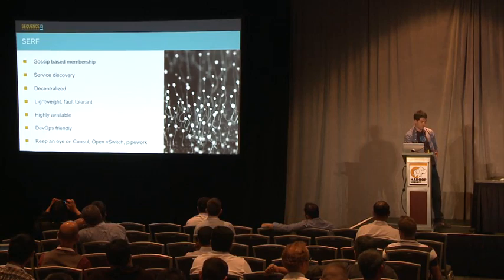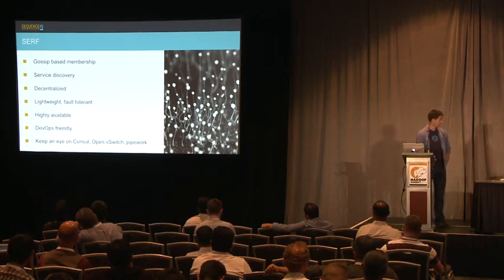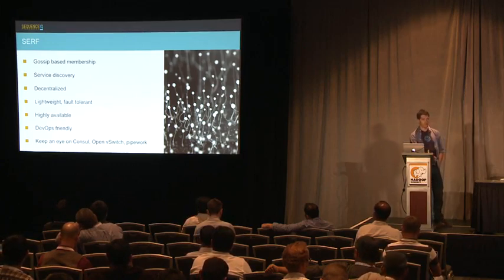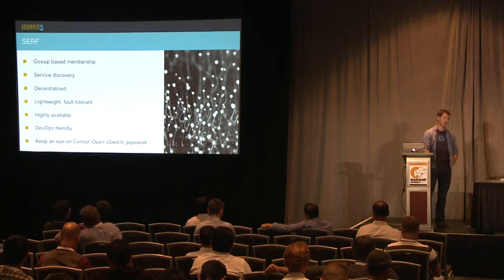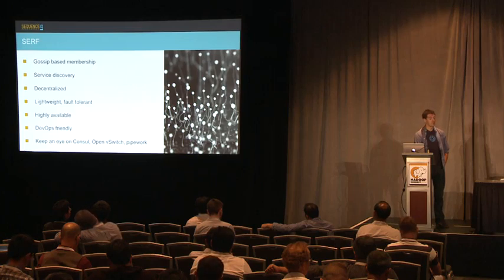Serf is basically a decentralized cluster membership management solution. Pretty much, it solves the same problems as etcd, Zookeeper, or Doozerd. The only difference between Serf and these three is that Serf is, first of all, an agent.